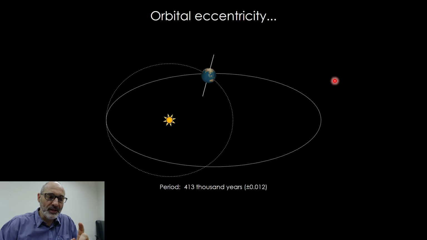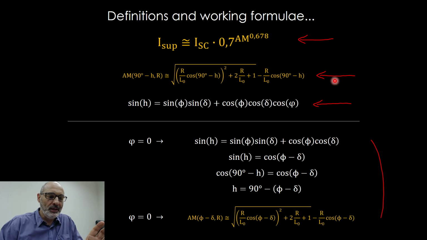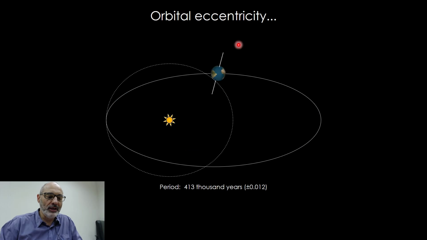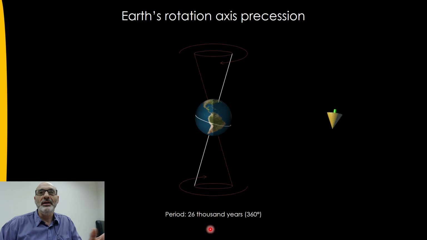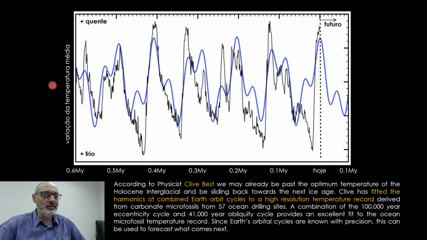If you calculate the influence of these movements, I'm going back some slides, for instance in this quantity here, what we call the solar constant, because this is easy, you just integrate the amount of energy that is arriving on top of the atmosphere. If you account for these very slow variations of 100,000 years, 40,000 years, and 20-something thousand years, and you plot this on a graph, you get this blue curve here.